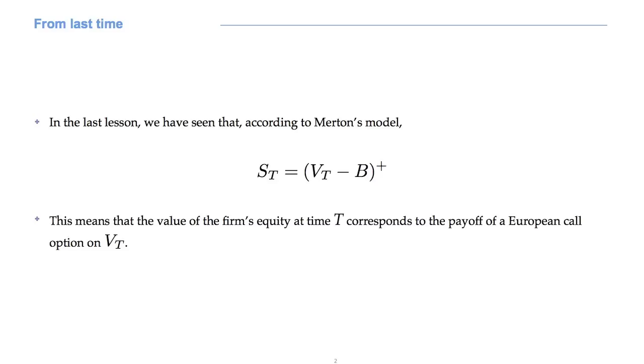If you had the time to look for it, you know that a call is a financial contract between two parties, the buyer and the seller. By paying a fee, called premium, the buyer of the call has the right, but not the obligation, to buy an agreed quantity of a given commodity or security, which we call the underlying, from the seller of the option at a certain time in the future, maturity, for a certain price, the strike price.